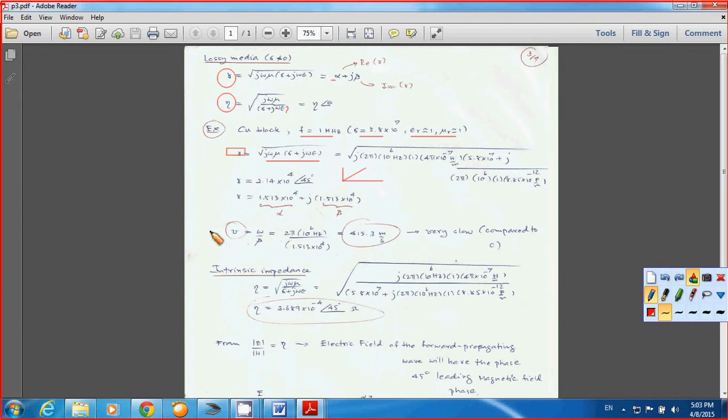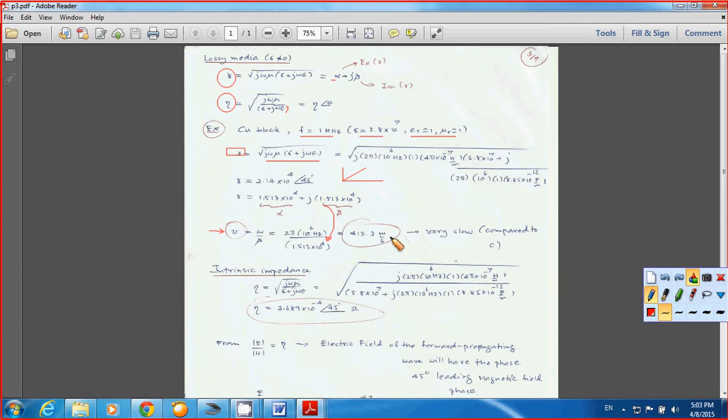And you can calculate your v directly from omega over beta. You know the frequency is 10 to the 6 hertz, or 1 megahertz. You divide by the beta that you already have here, and you end up with your velocity to be 415.3 meter per second.